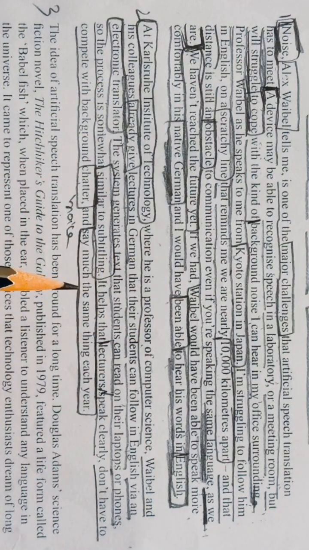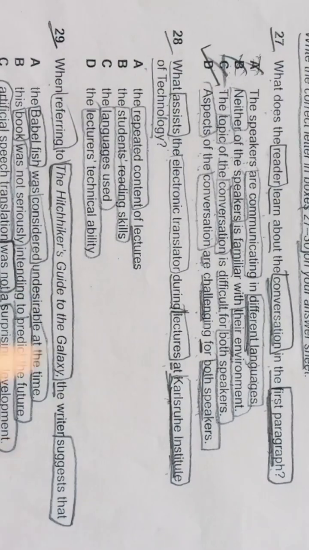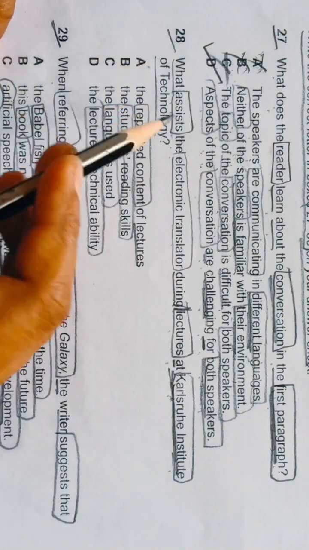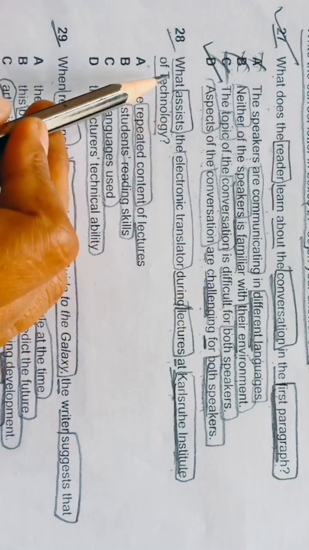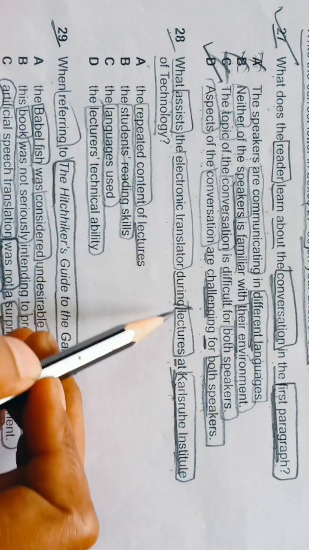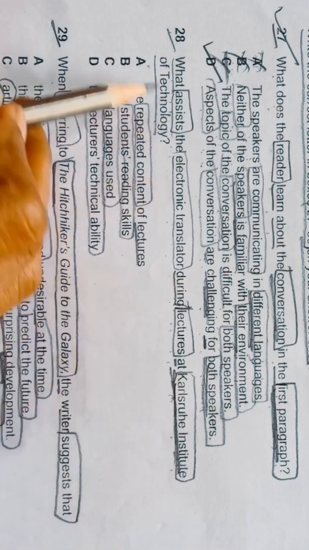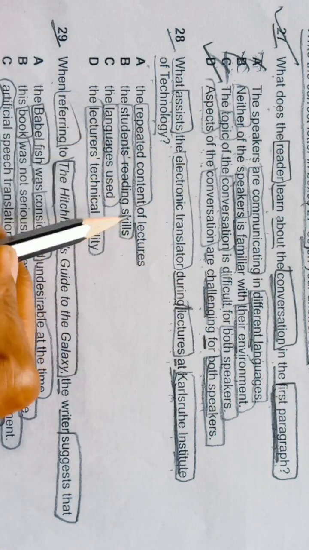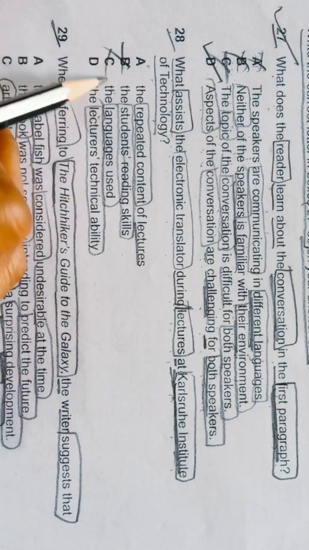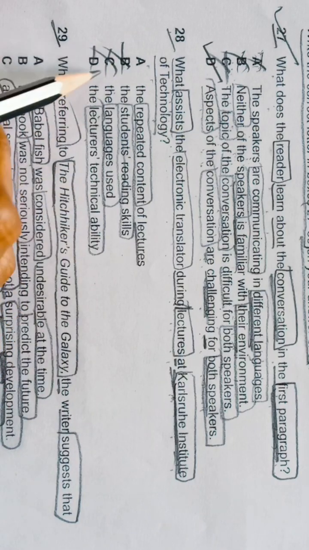Let's see whether we are getting our answer or not. So our another question. We have done with 27. So 28 number: what helps the electronic translator during lectures at Karlsruhe Institute of Technology? The repeated content of lectures, the students' reading skills, the language used, the lecturer's technical ability.